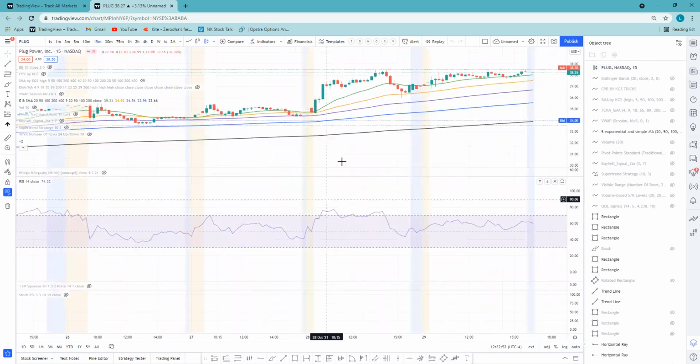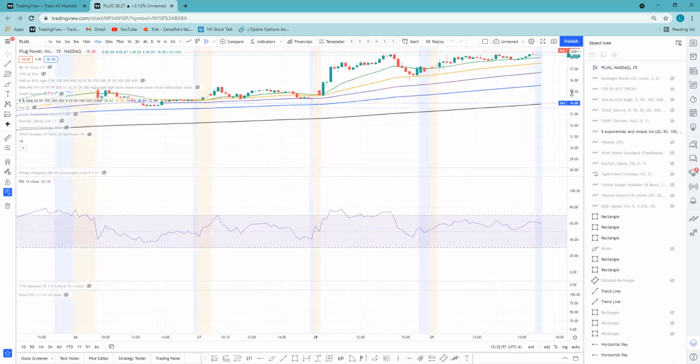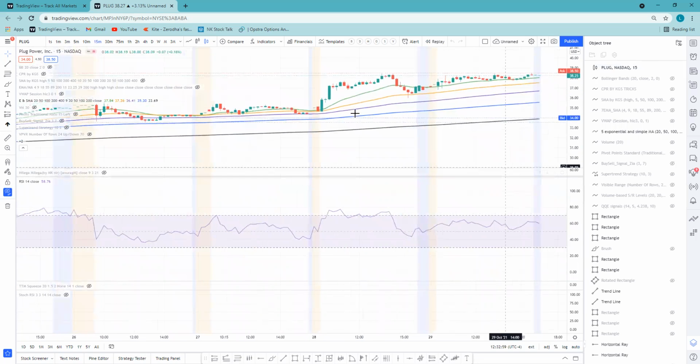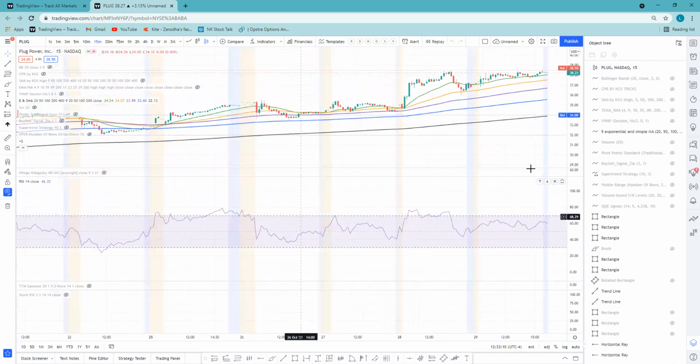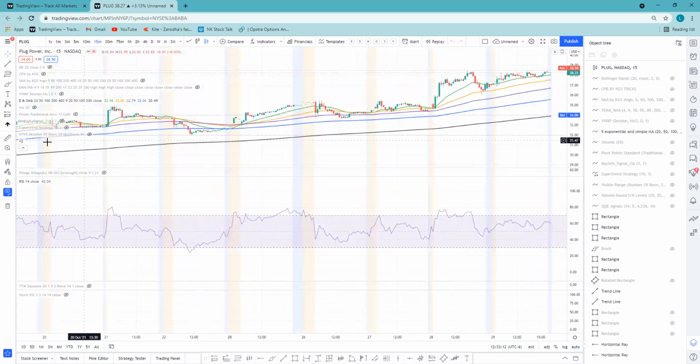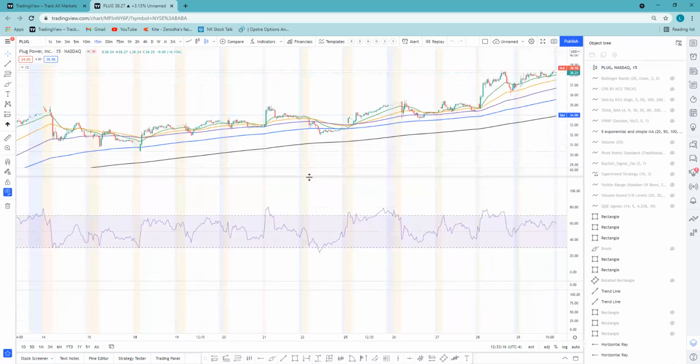If you sold here based on RSI, saying okay, I want to go short, the price went a little bit higher. Let me see if I can find where it gives a false signal.